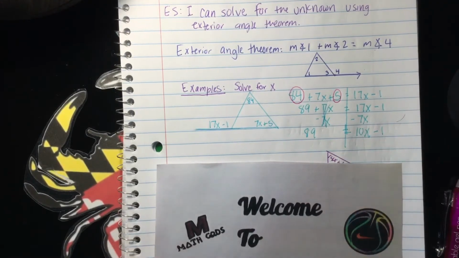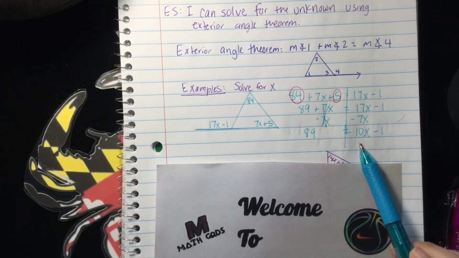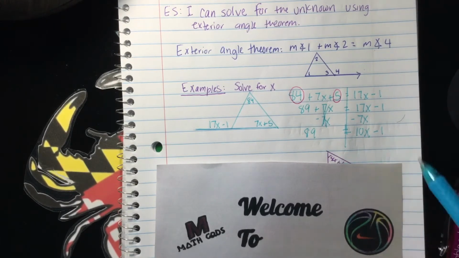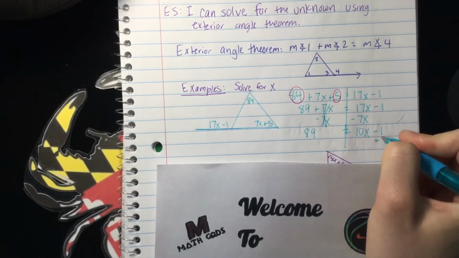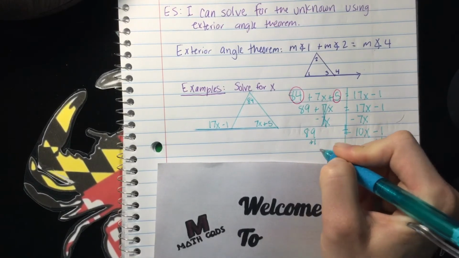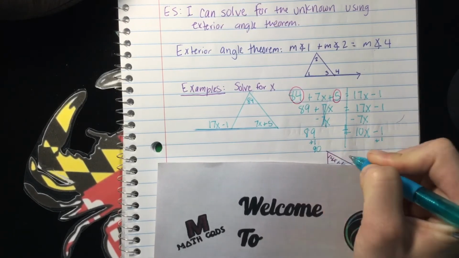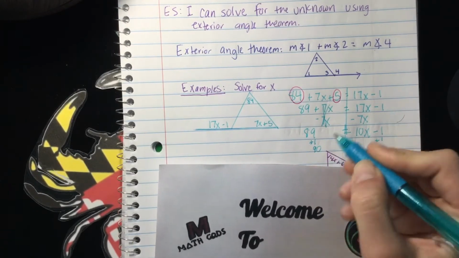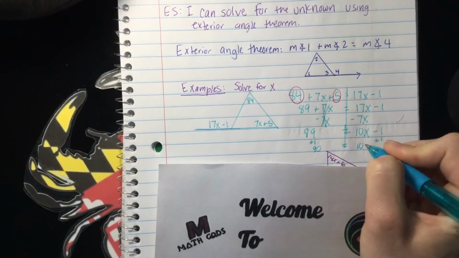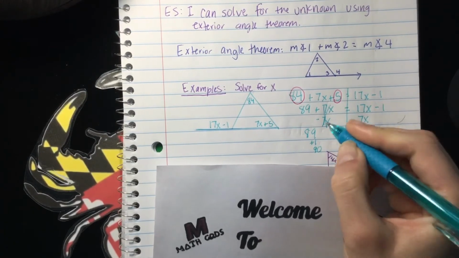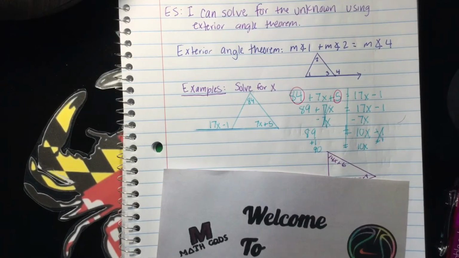And then it's just a 2-step equation. I look at the side with the variable. I look at the number not attached to the variable. I perform the opposite operation. I already pre-wrote these out. So now I have 90 equals 10x. That cancels. I add 89 plus 1 equals 90. And then to get x by itself, we perform the opposite operation. 10 and x are so close together with multiplication.